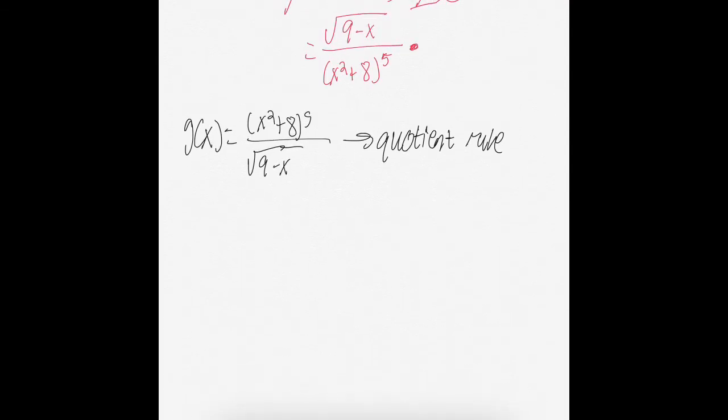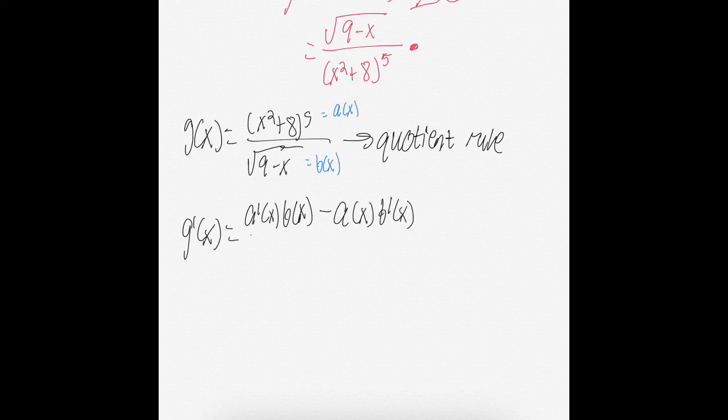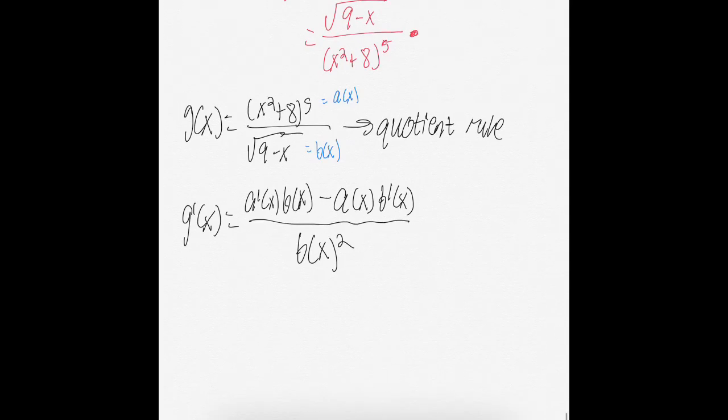Okay, so quotient rule tells us that, let's call my numerator a of x and my denominator b of x. Then quotient rule tells me that g prime of x is going to be a prime of x times b of x minus a of x times b prime of x, all over b of x squared.